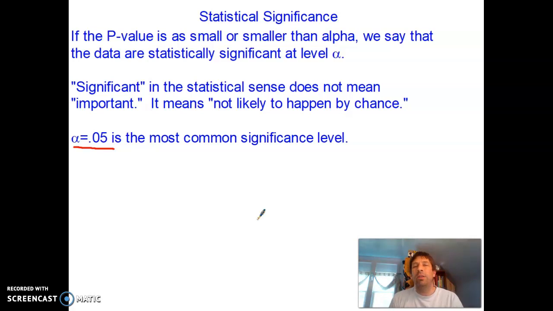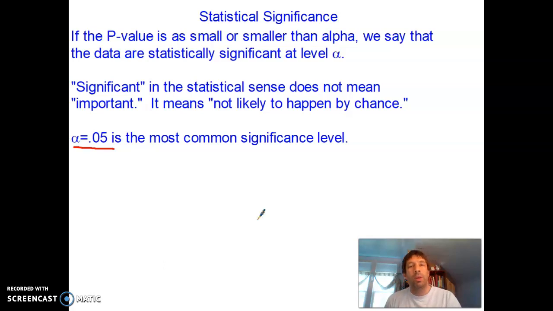So if our p-value is less than that, we're saying it's pretty unlikely that we would see these results just happen by chance. And what that means is, it's probably more likely that our null hypothesis isn't true, and that we found some evidence to support our alternative hypothesis.